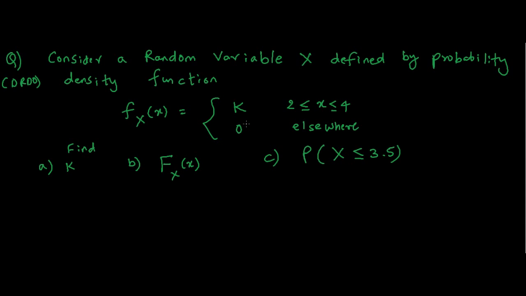So if you plot f of x, between 2 and 4 it is some constant k, this is x, and it is 0 elsewhere. So we have been given this probability density function.